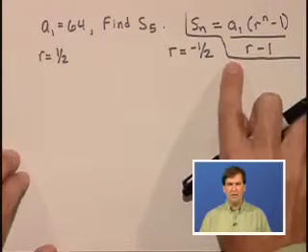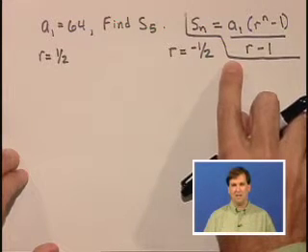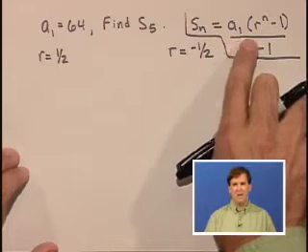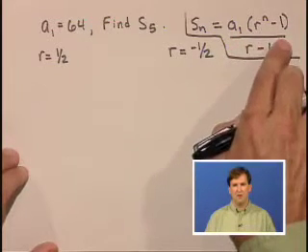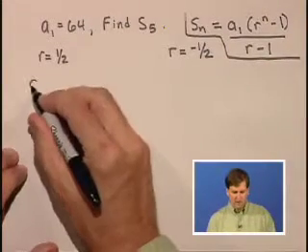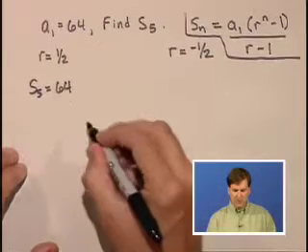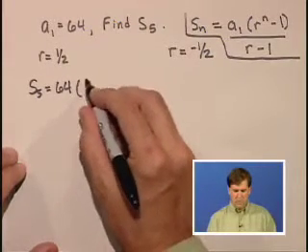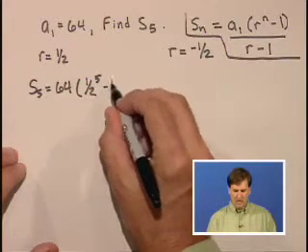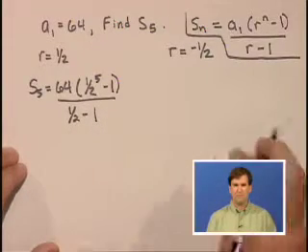So I've written over here the formula for the nth sum. S sub n is equal to the first term A1 times the quantity r to the n minus 1, all divided by the quantity r minus 1. So if we're looking for S5, it is going to be A1, which we decided was 64, times 1/2 to the 5th power minus 1, all divided by 1/2 minus 1.